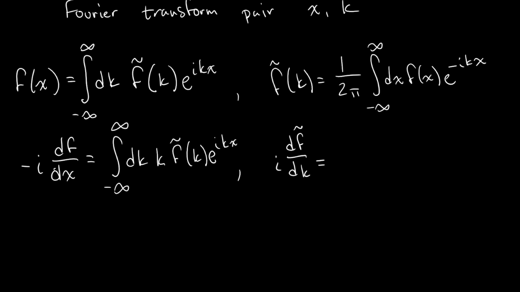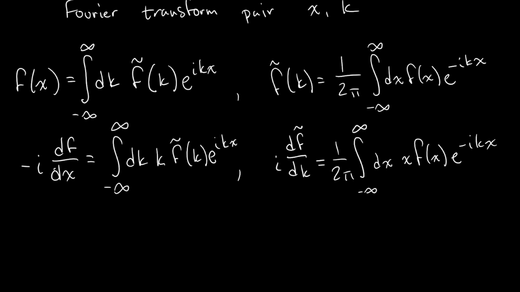This is equal to 1 over 2 pi, so the inverse Fourier transform, dx f of x e to the minus ikx.